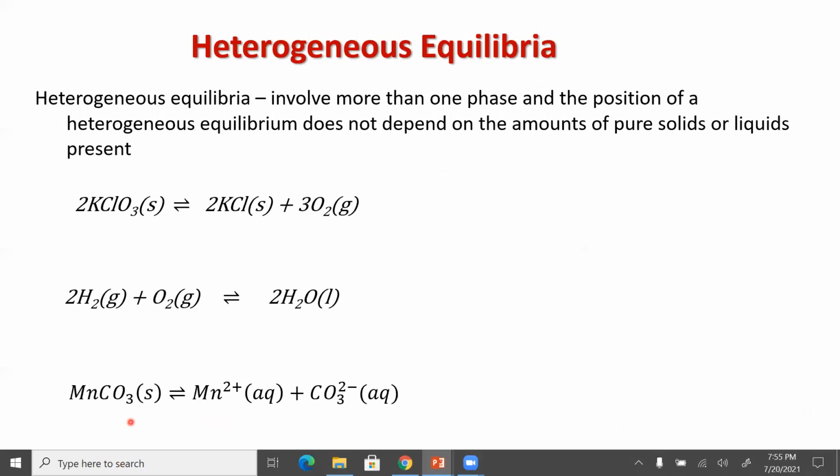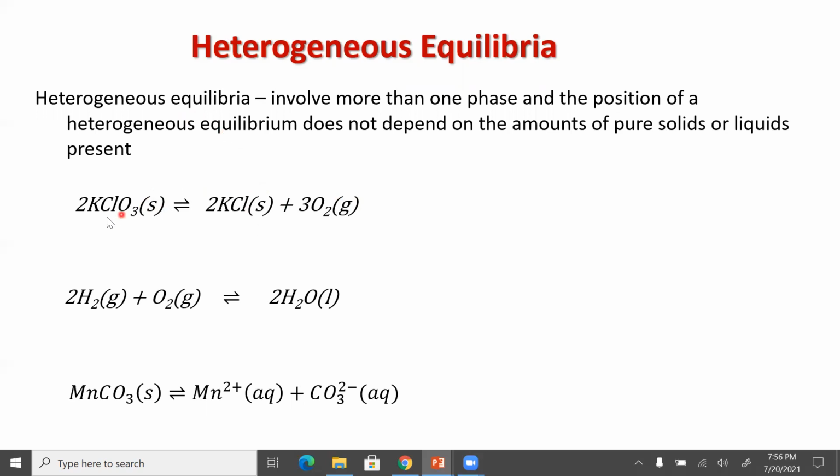Here we have three different heterogeneous equilibria. Okay, that means that not everything in the reaction is in the same phase. So in this case, we've got a solid here, we've got a solid here, and we've got a gas here. So it's a heterogeneous equilibrium.